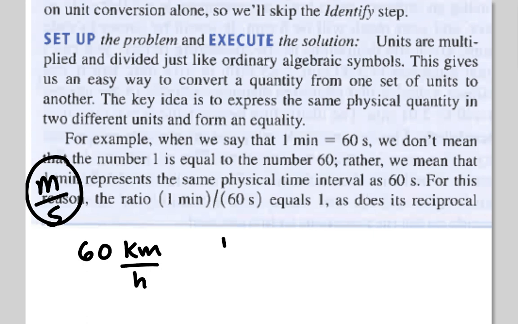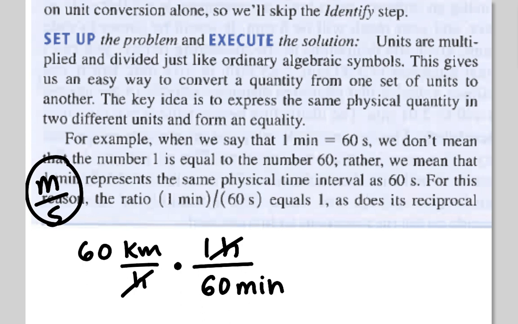H goes up, top. Can I think of a relationship that can get me into some other unit of time? In 1 hour, there's 60 what? 60 minutes. Notice the hours are now gone. Now I'm in kilometers per minute.